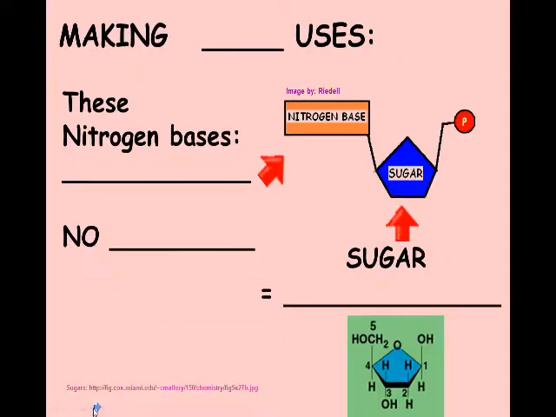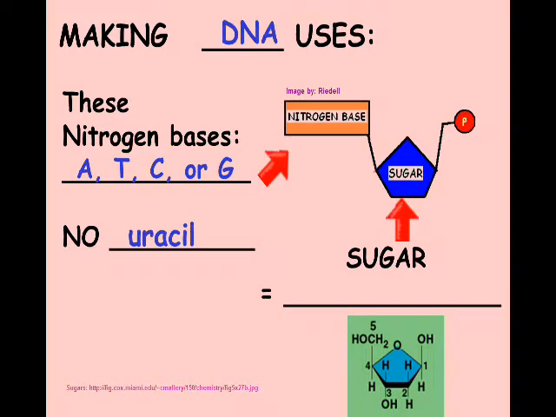So if I want to take that little basic subunit and I want to make a DNA molecule, I have choices. I'm going to use either an A, adenine, a thymine, T, a cytosine, C, or a guanine, G, in the nitrogen base spot. And notice no uracil. Remember, uracil is only found in RNA.